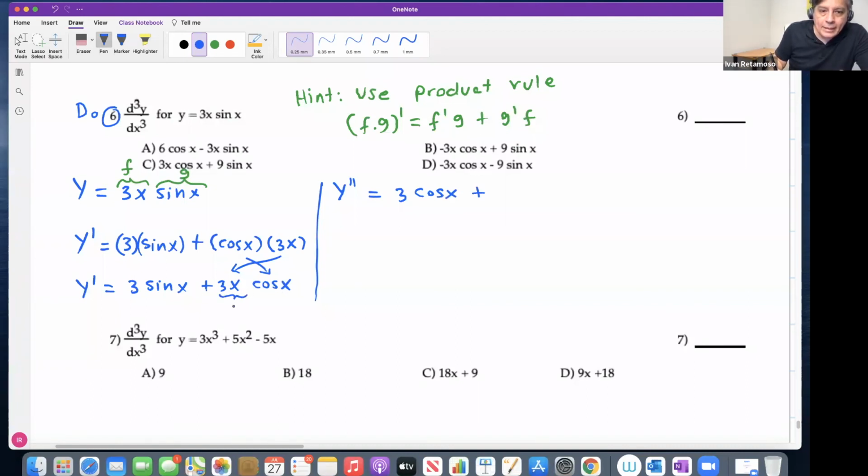So this is f, this is g. Start with the derivative of f, the derivative of 3x, which is just 3. Multiply that by cosine, the other function as it is, plus the derivative of g, the derivative of cosine, which is minus sine of x, times the other function as it is, 3x.